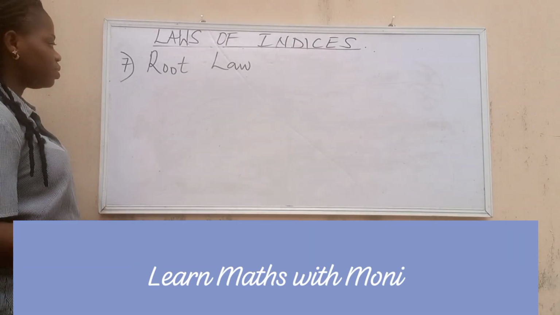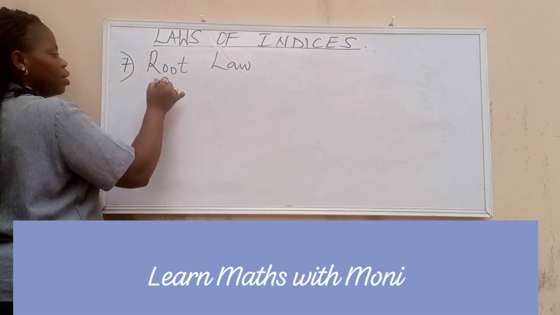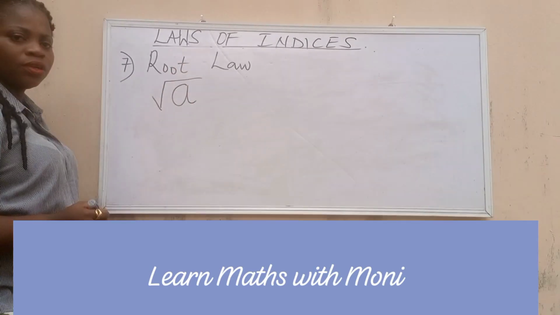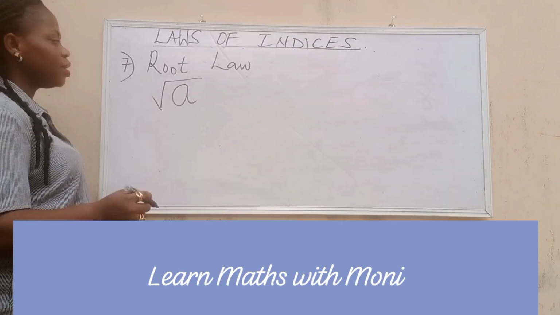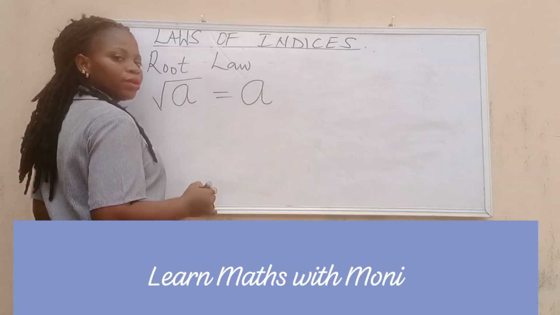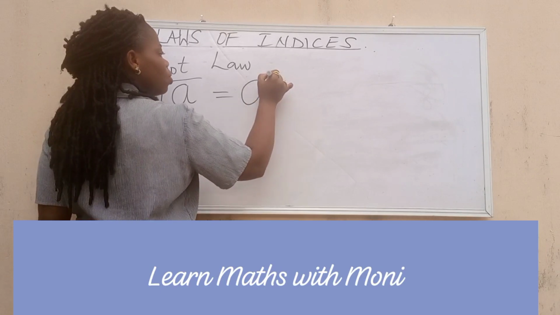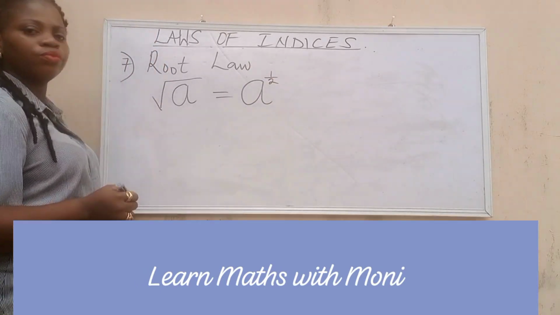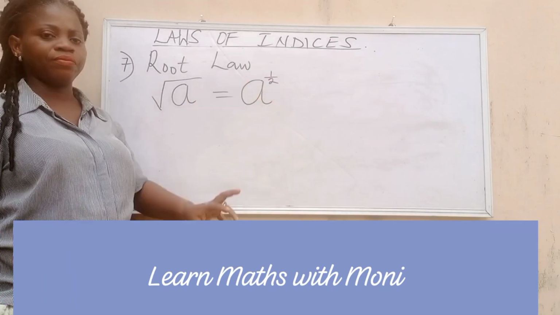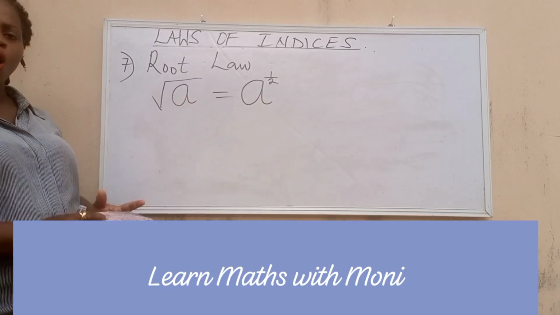The root law states that if I have the square root of a, the square root of a is represented as a raised to power 1 over 2, a raised to power half. That is the square root of a.